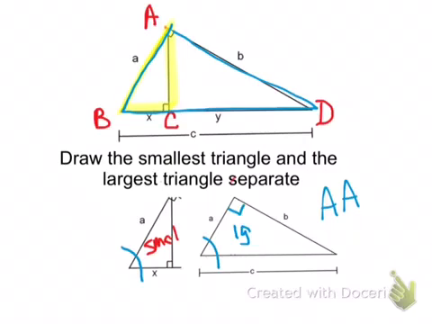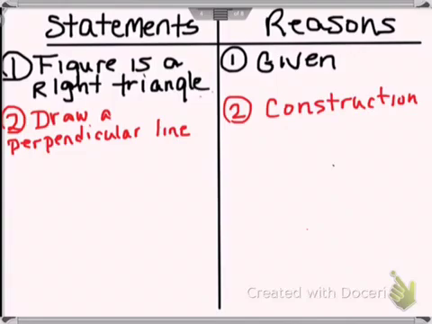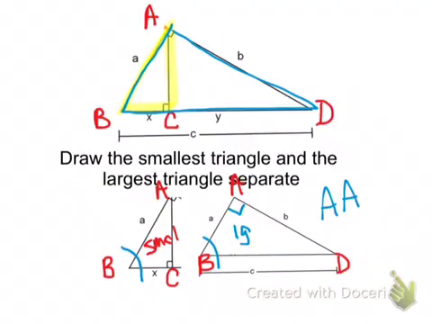So I can go to my proof and I can name the 2 right triangles. It might help if we put letters here. So let's put A, B, and C in the small one. And then A's on top, B's on the left, and D's on the right. So if we name the small right triangle, I could call it ABC. I'm going to put that in my proof. So I'm going to say triangle ABC is similar to, and let's go back and look at the picture.